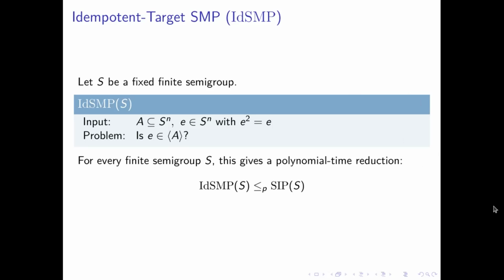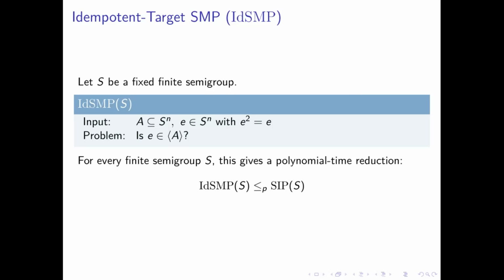So the idempotent target SMP is the following problem. Again, let S be a finite semigroup. The input is a set A contained in the set of n-tuples over S, and a target element E, which is an n-tuple restricted to idempotents.